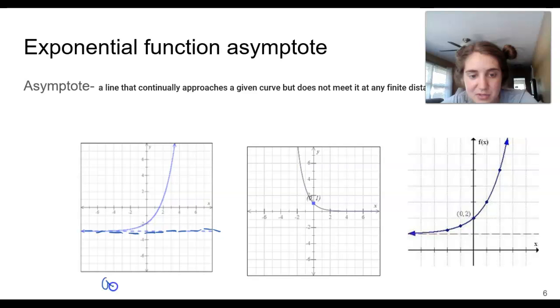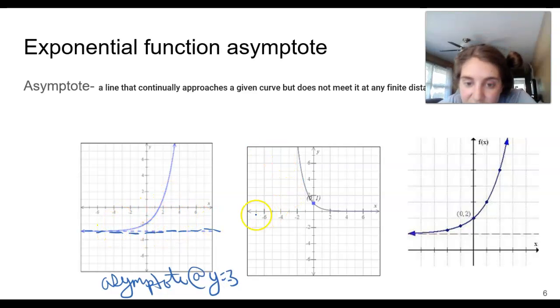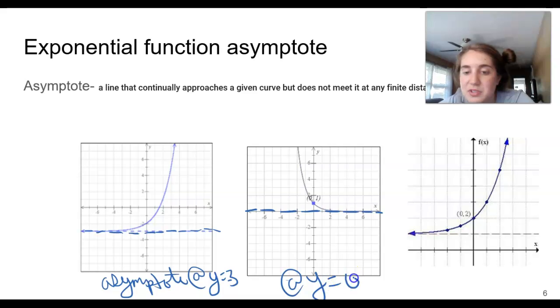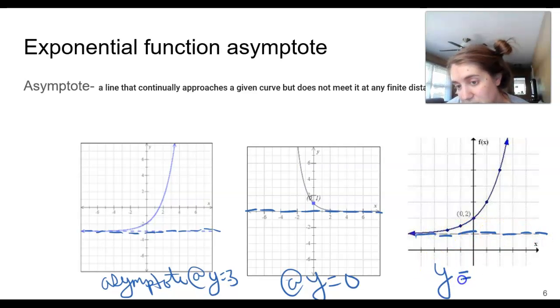So there's an asymptote at y equals -3. Here, there's an asymptote at y equals 0. It will never actually cross y equals 0. Here, it's going closer and closer to y equals 1. So that's what an asymptote is. It's like an invisible line that we approach and get closer and closer to, but we'll never actually cross.